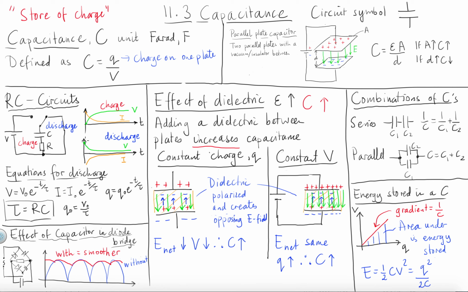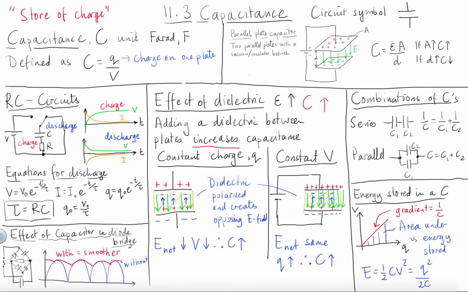However, when we discharge the circuit, both potential and current decay exponentially, and there are a number of equations for the discharge circuit which you are given in the data booklet, and you would expect to be able to solve.